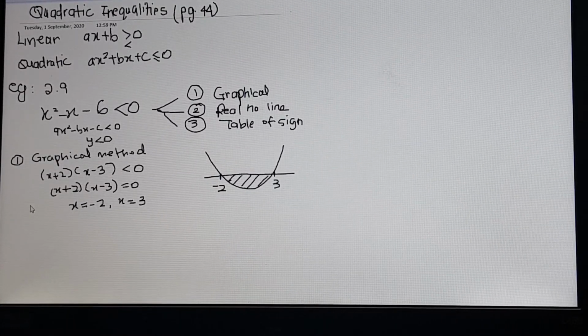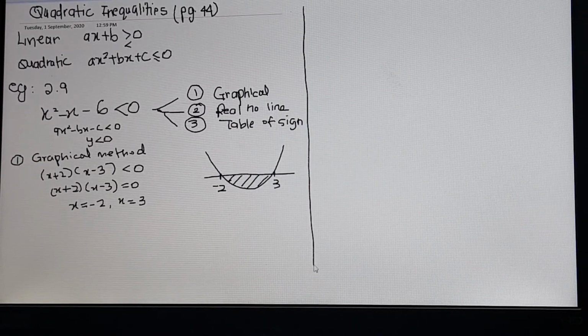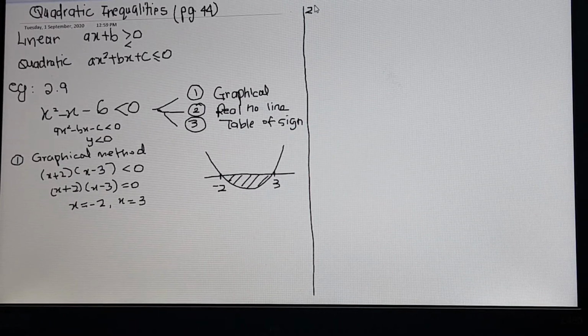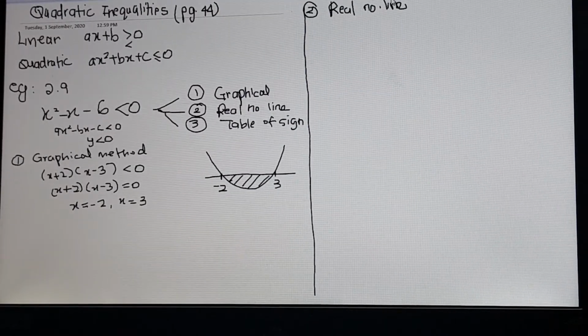Okay, let us try the second method using the real number line. So in your mind, you have to draw a number line.